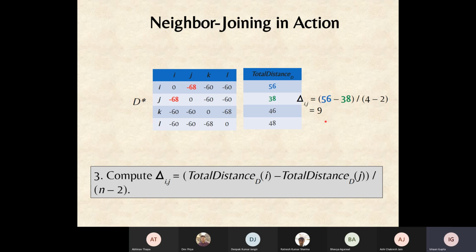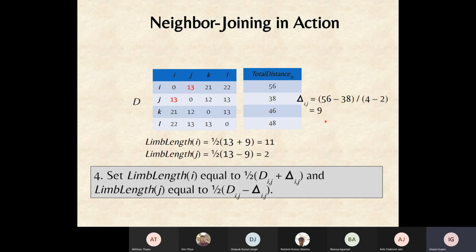Now, in order to figure out the limb lengths, all you have to do is set the limb length of I as half of dij plus this distance, and limb length of J as half of dij minus this distance. Okay, so you get these values.